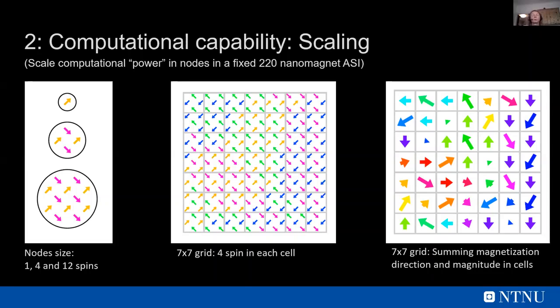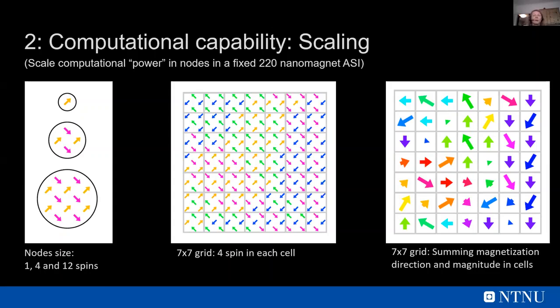We have a vector output with magnitude and angle. That is what we use as a parameter for scaling our system. We increase the number of magnets and resolution within one node. And the important thing is, since we keep our system constant, we will also scale the number of nodes.